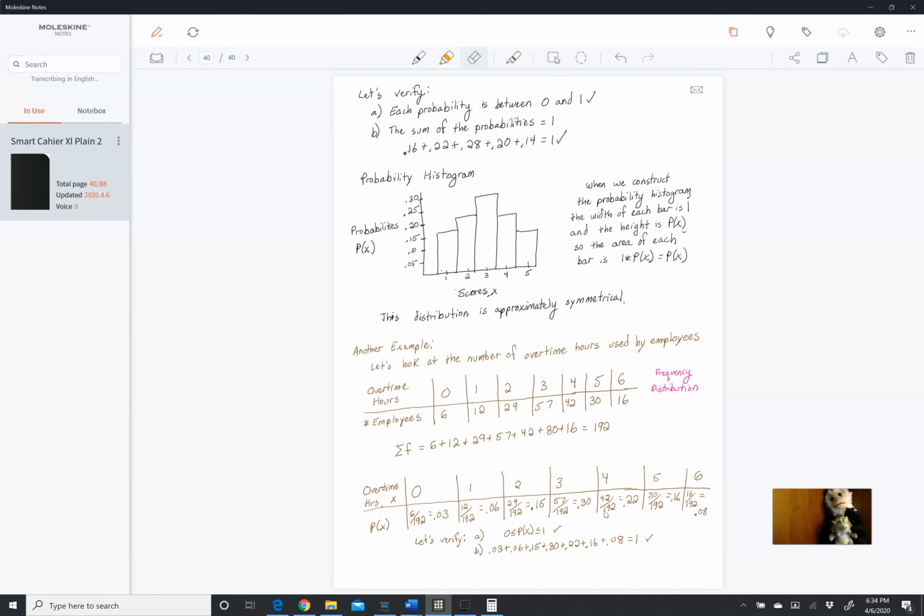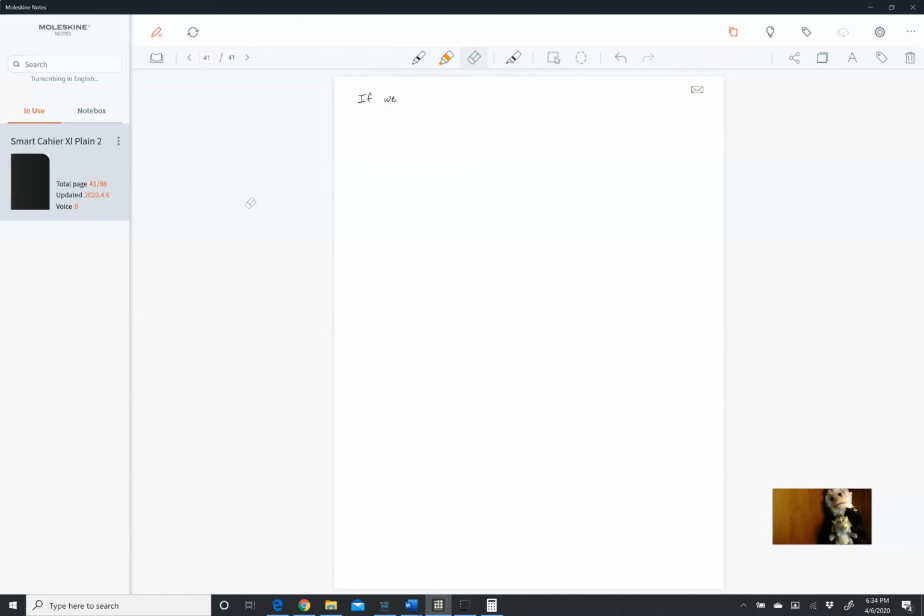Okay, so let's just take some examples where we are verifying that something is a probability distribution. Remember, we verify in two ways.